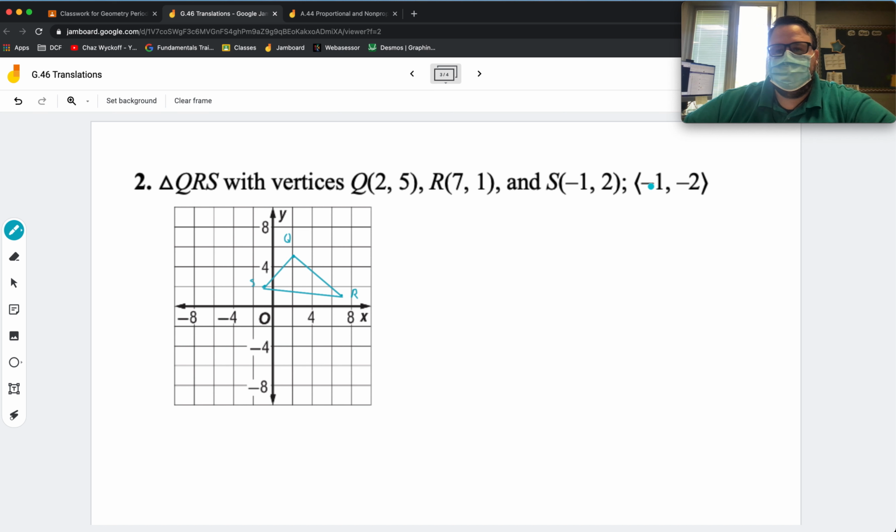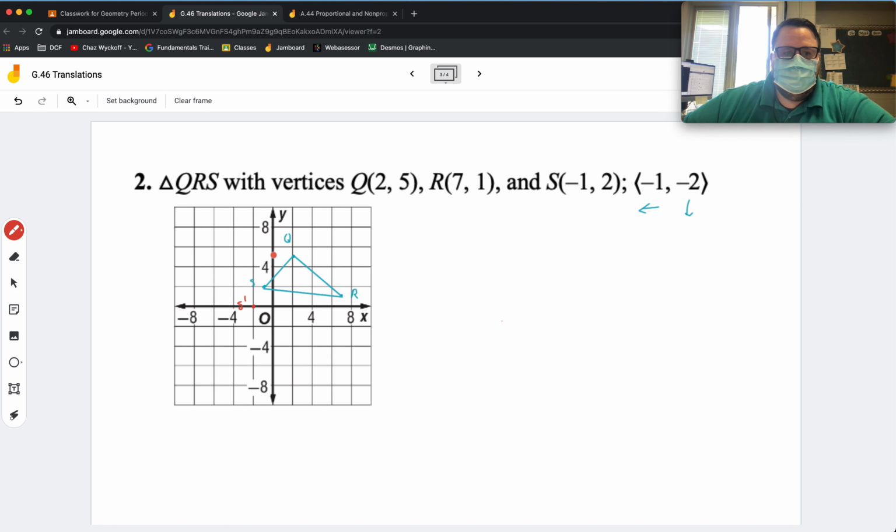Now my vector tells me -1 in the x is left 1, and down 2. So left 1, down 2, and we'll do this in red. S prime is going to be right here.